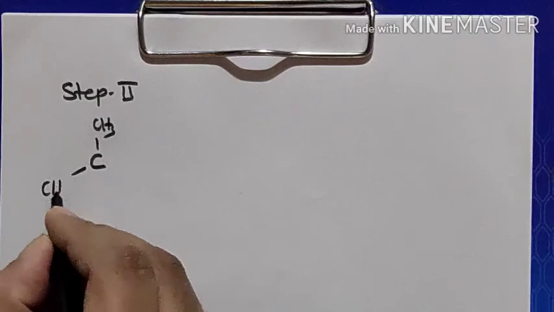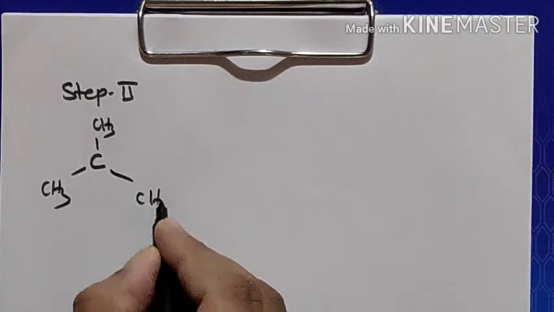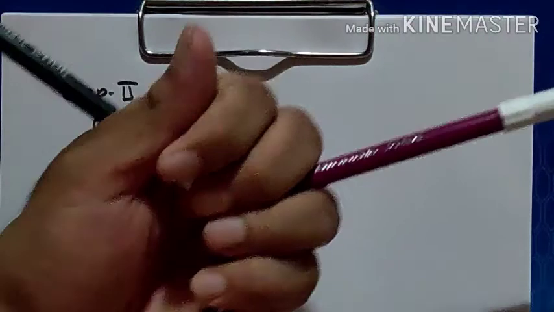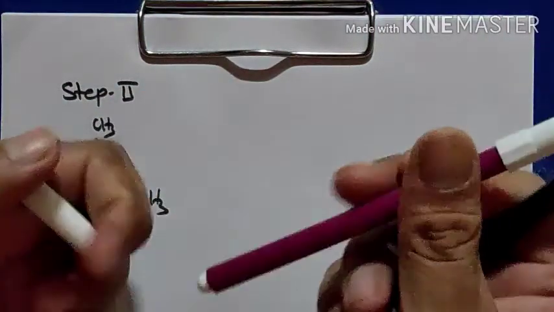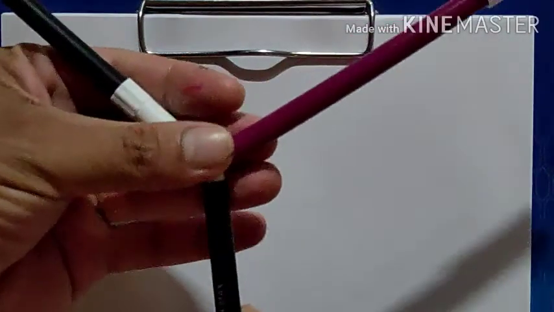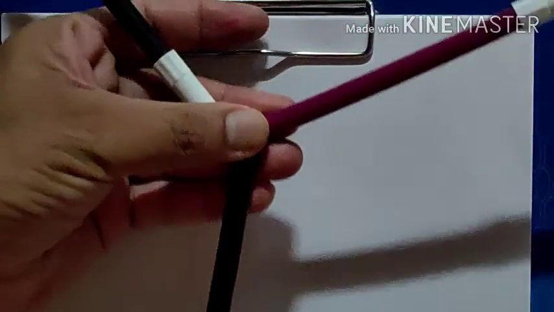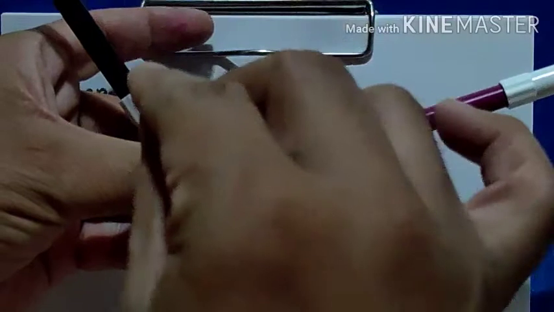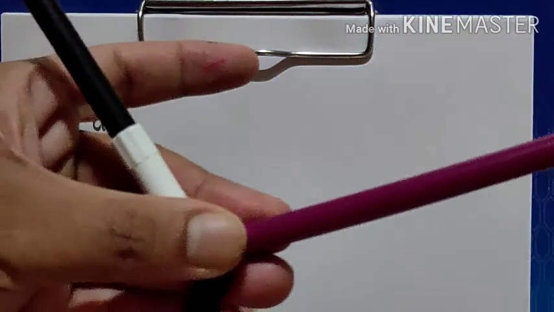In this step, we have CH3, CH3 and CH3. This is now planar, student, right? When I say planar, understand like this. It will be in one plane like this, right? Since it is one plane, the attack can take place from the top as well as from the bottom.